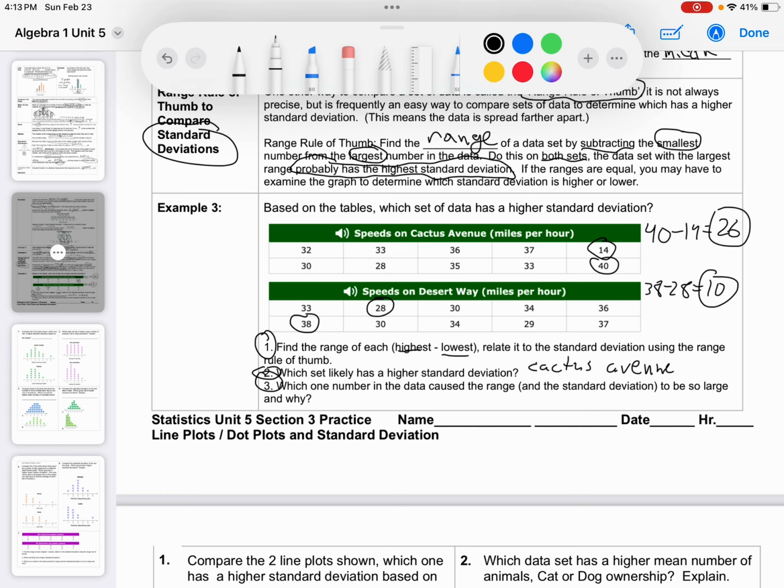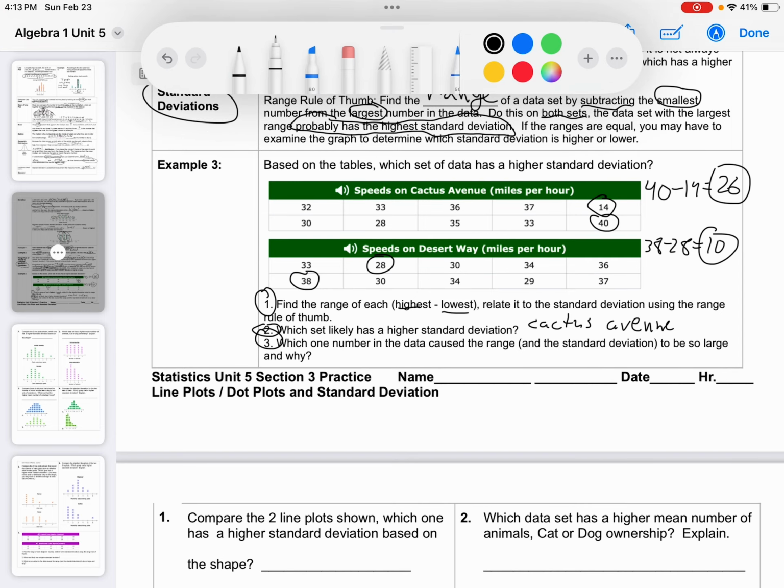Then they ask which number in the data set caused the range or the standard deviation to be so large and why. For that, I'm looking for a number that is either really big or really small compared to the other numbers. If I'm looking at the speeds on Cactus Avenue, I see 32, 33, 36, 35, 33, 37, 30, 40, and 14. Those are my numbers.